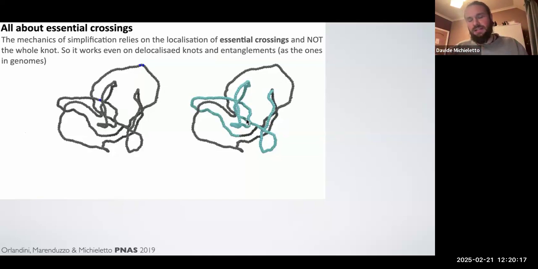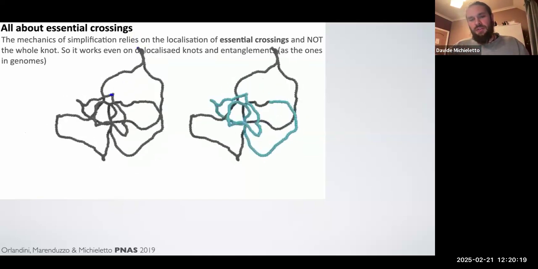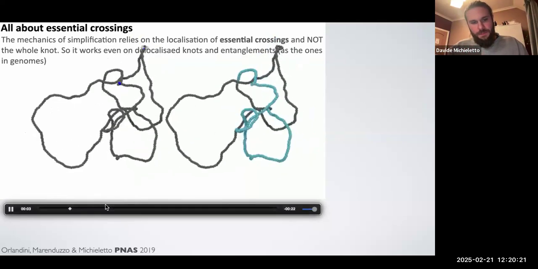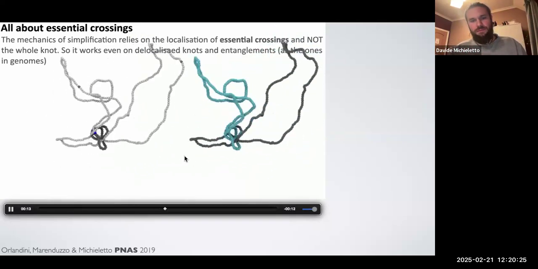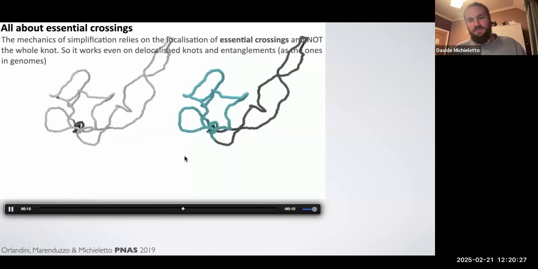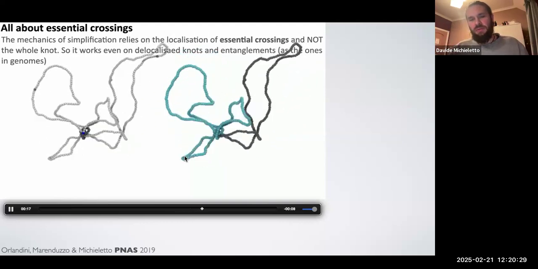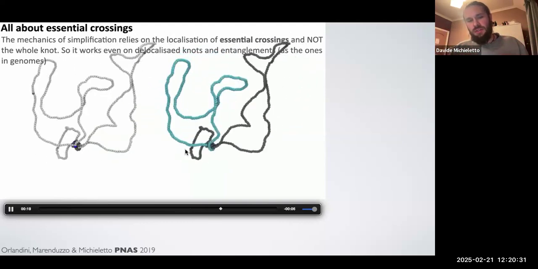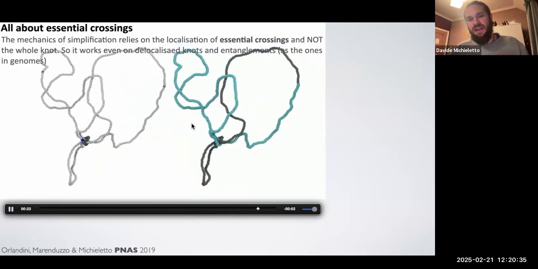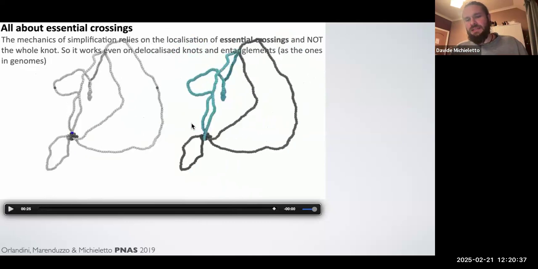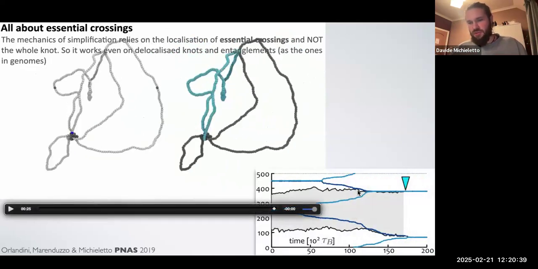Let me skip a little bit ahead. If you have 2 loop extruders, there is a competition between the two, and actually you don't confine the knot. The knot stays very delocalized, and I'll show you why in this.